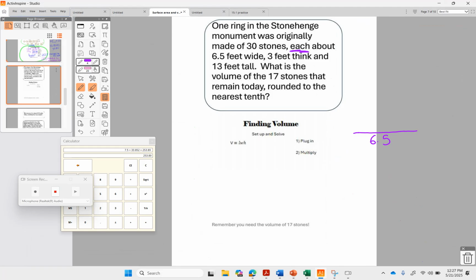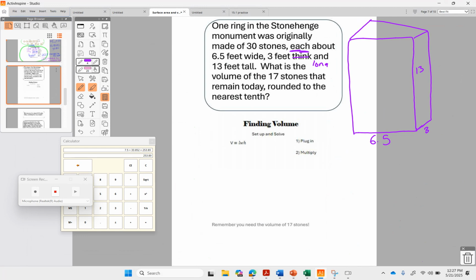I think that should say 3 feet long. And 13 feet tall. And then it's only 3 feet long. Okay, so that's kind of what the stone looks like. What is the volume of the 17 stones?